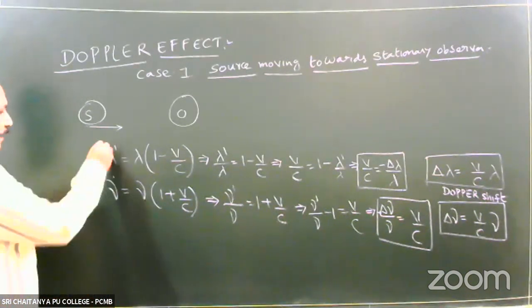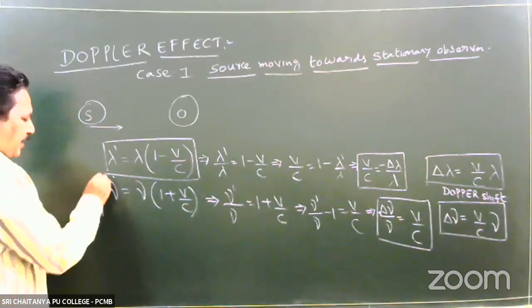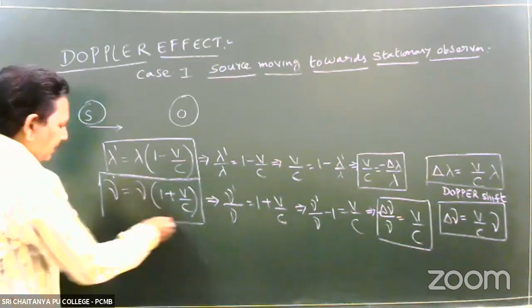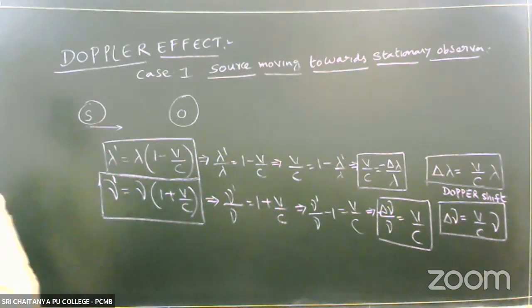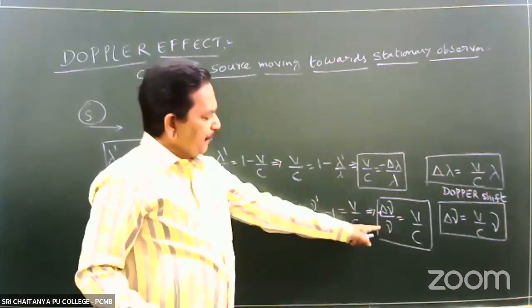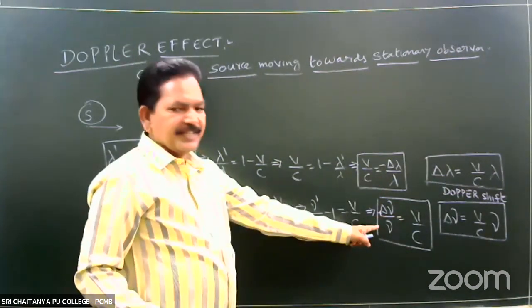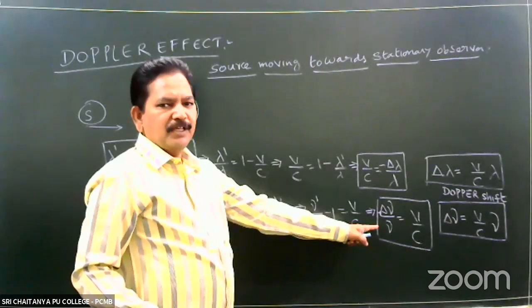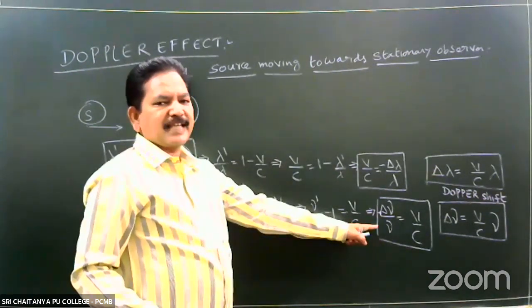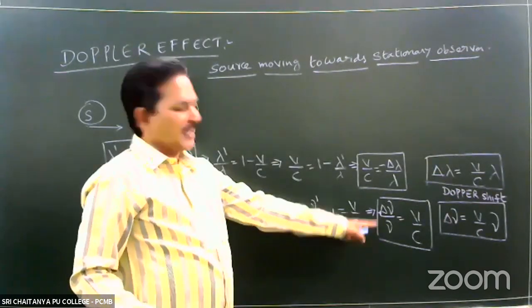These two are formulas for calculating the apparent wavelength and the apparent frequency. These two, fractional change in wavelength, fractional change in frequency. Formulas are the same, only the difference is the plus sign and minus sign.